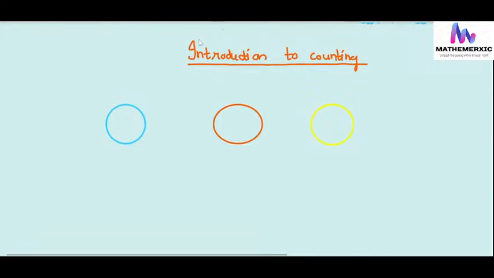Three balls I have taken. In how many ways can we arrange these three balls? Basically, they are asking: let's imagine there are three balls in a line, how many ways can we order the three balls?